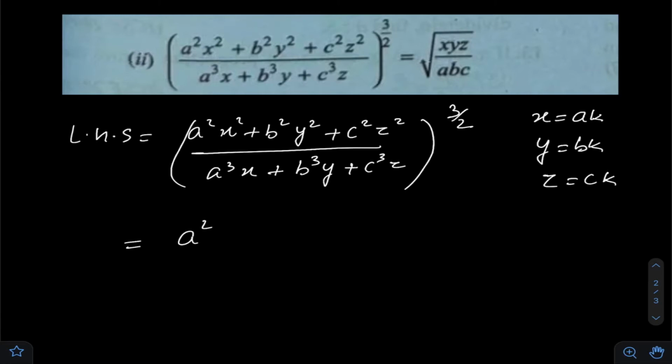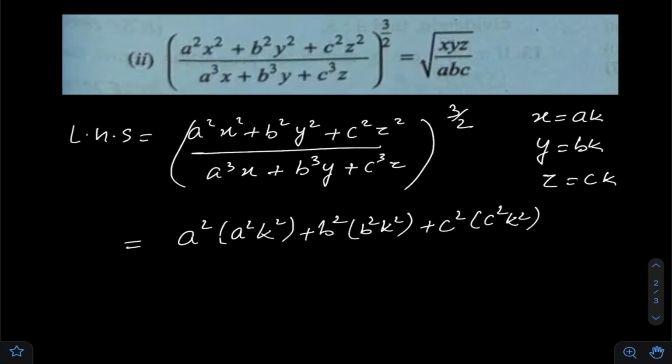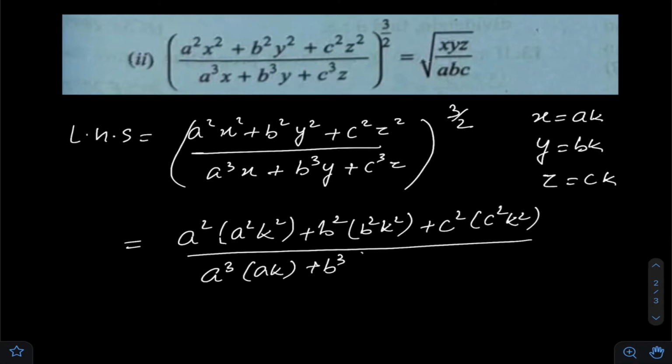a square k square plus b square k square plus c square k square over a cube into ak, b cube into bk and c cube into ck to the whole power 3 upon 2.